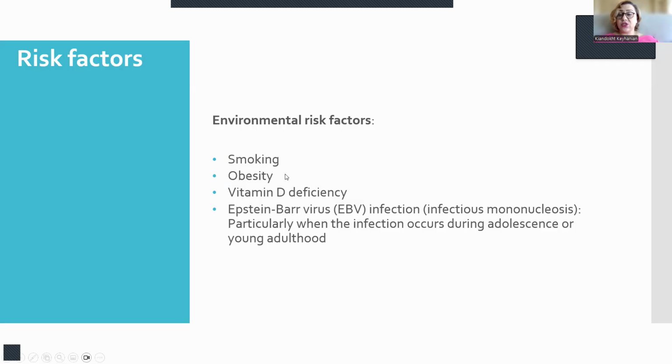Another important factor is vitamin D deficiency. Vitamin D deficiency is a very important problem nowadays. Lots of us are deficient in vitamin D. Some of it is because we don't get enough sun, but lots of it is because some people are generally resistant to absorbing vitamin D. Vitamin D is very important for our immune system, and it has been specifically seen that MS patients have lower vitamin D in general.